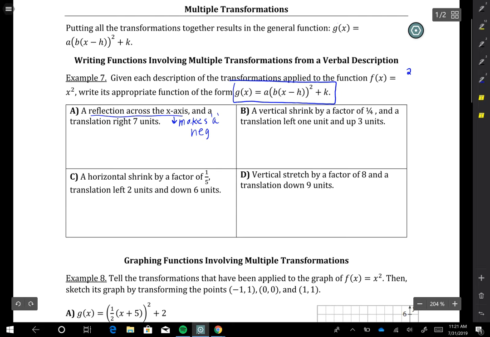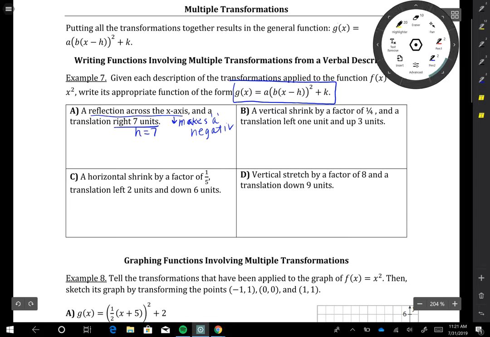Then a translation right 7 units tells us what our H value is. That would be 7. So all I have in this description is an A and an H. When I don't have the other letters, I do not have to include them in the function that we write. So what we're going to write is g of x equals.